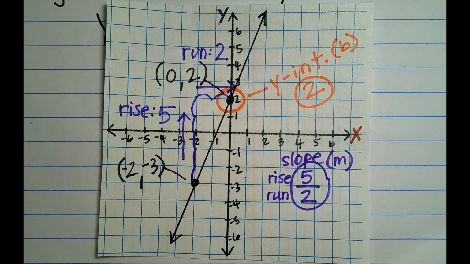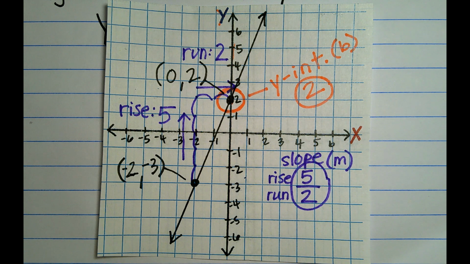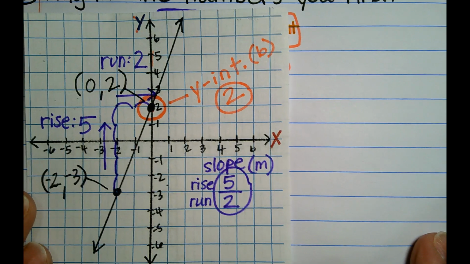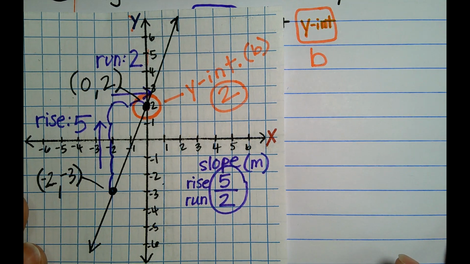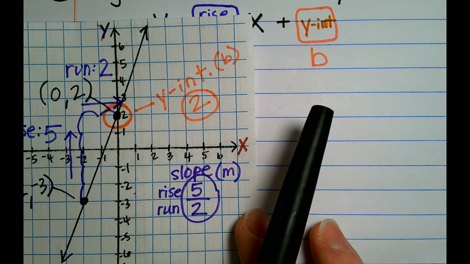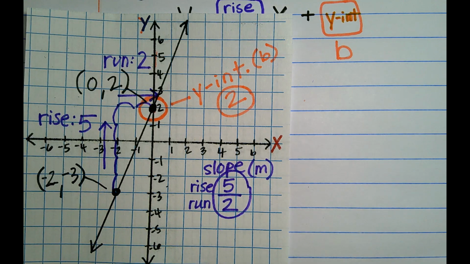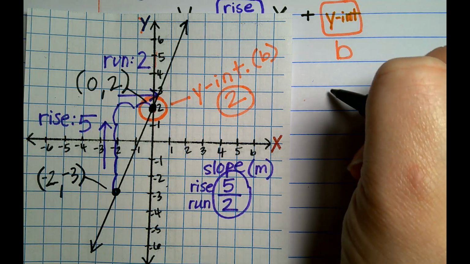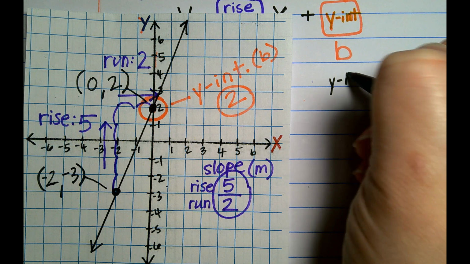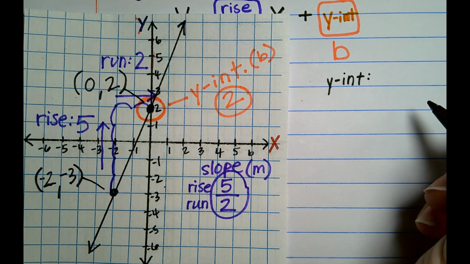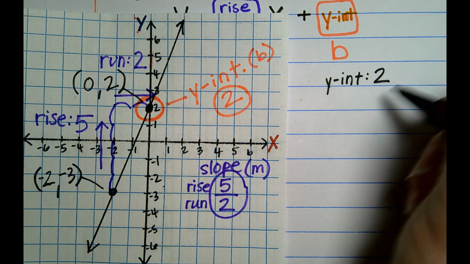Okay. So we found the slope, we found the y-intercept. We can write an equation. So I'm going to move this over to the side just a little bit. Our y-intercept is 2.